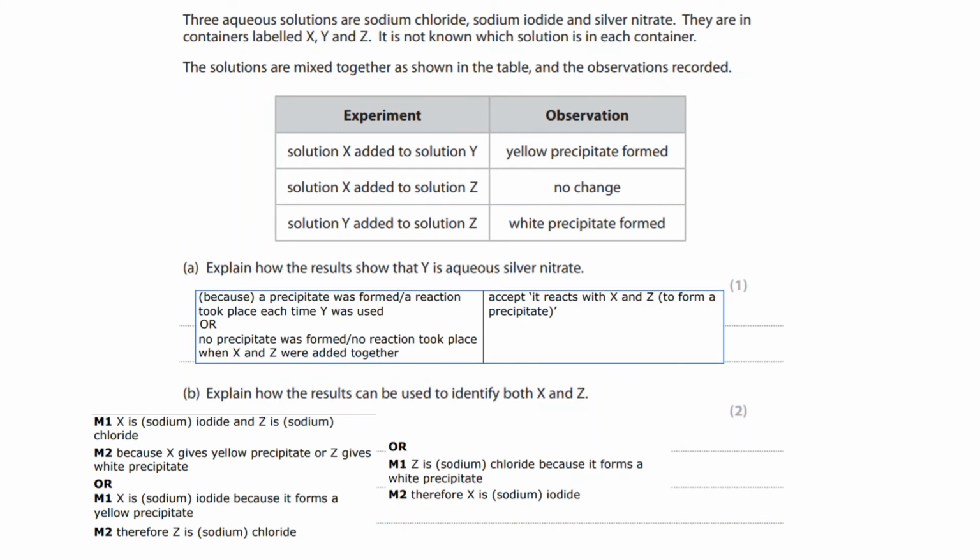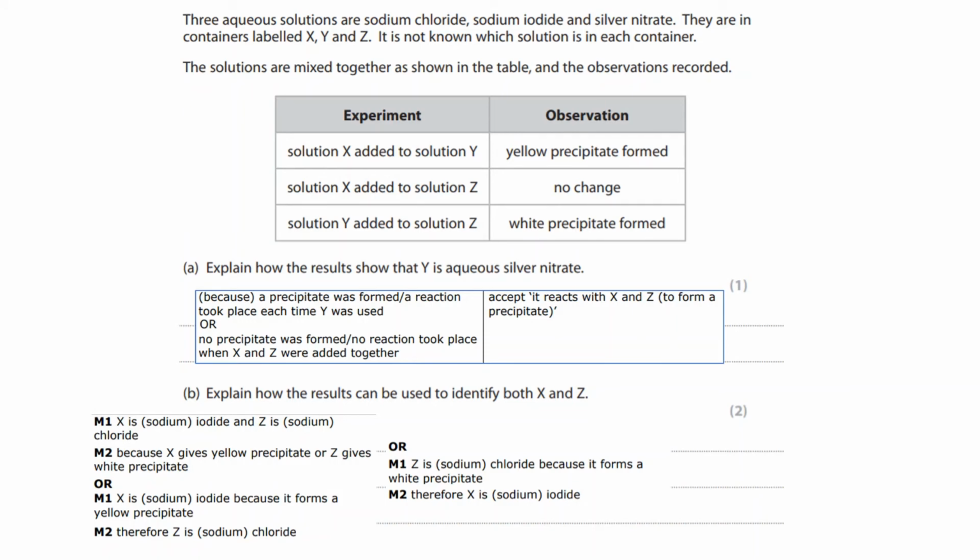Right, so the mark scheme is here. For A, because a precipitate was formed each time that Y was used. Or you can say that no precipitate was formed when X and Z were added together. I would have put two of them together, so in order for a logical conclusion, I would say both statements must be used.